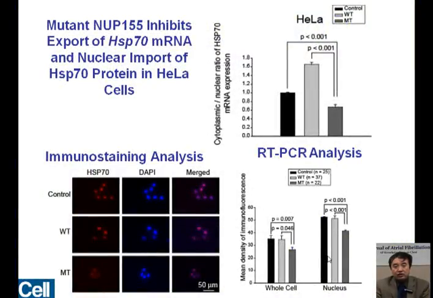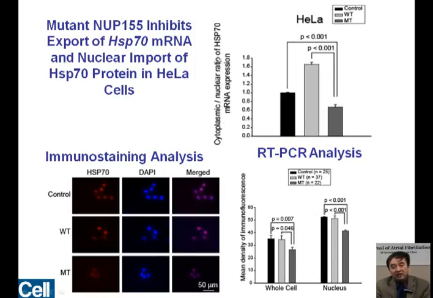Next, we used some in vitro studies and knockout mice to test whether mutant loop155 affects export of heat shock 70 mRNA or nuclear import of heat shock 70 protein. Heat shock 70 is just a marker in this case. First, we did studies in HeLa cells. We used RT-PCR analysis to measure the ratio of cytoplasmic RNA versus nuclear RNA.